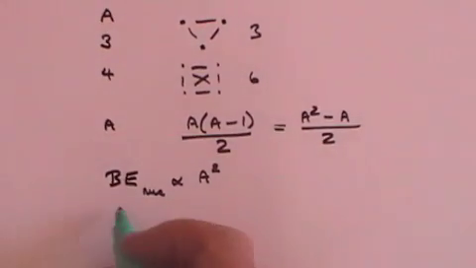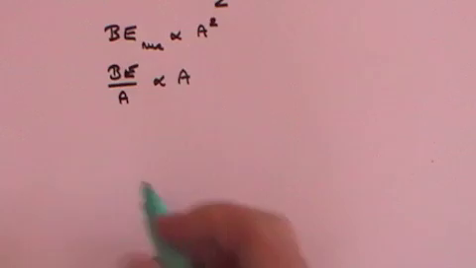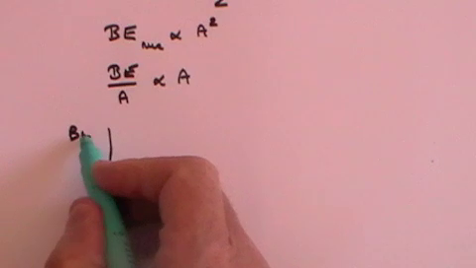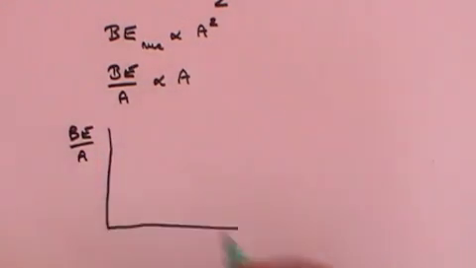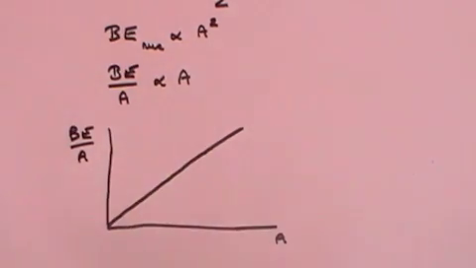So if I divide both sides by A, I get that the binding energy of the nucleus divided by A is proportional to A itself, which would mean if I drew a graph of binding energy over A against the number of nucleons A, I would expect that to be a straight line. Don't know what the gradient would be, but it would be a straight line.